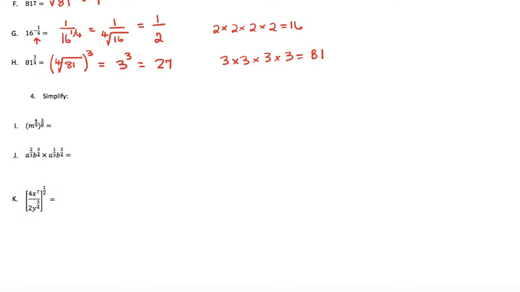Last 3 questions. We have to simplify m to the power of 4/9, to the power of 3/8. So with the index law power to a power, it tells us that we need to multiply the powers. And so what we have here is m.